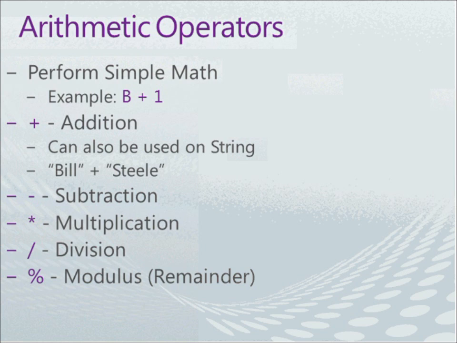So we're concatenating those two strings together, for example. That is an example of operator overloading, where we have it performing one action on one type of data and an entirely different action on a different type of data. And this happens to be a great example of operator overloading that's built into the system.